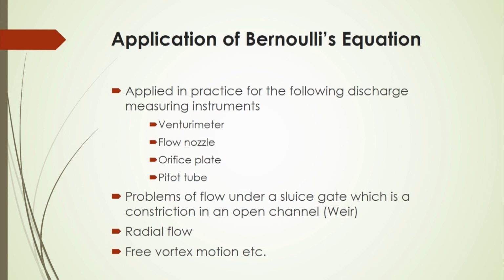So, we can apply these energy equations in different instruments. We will discuss later, in a separate module, the function and principle of the Venturi meter, flow nozzle, orifice plate, and pitot tube based on Bernoulli's equation.